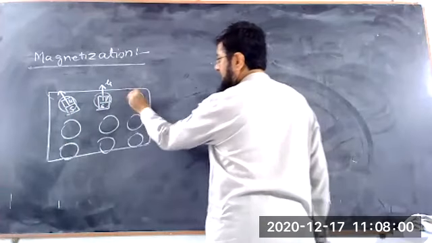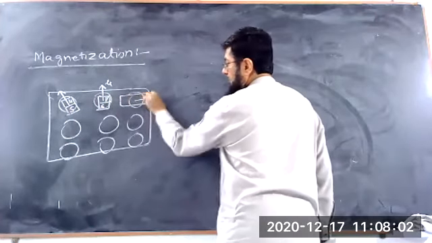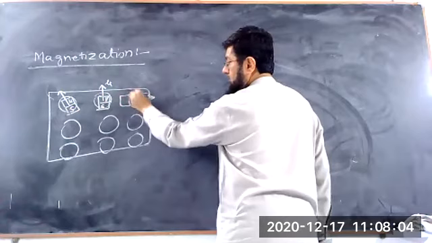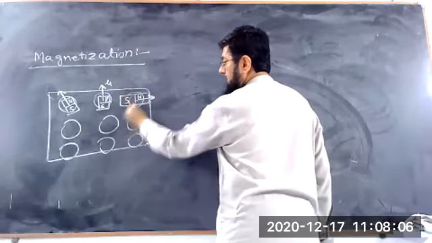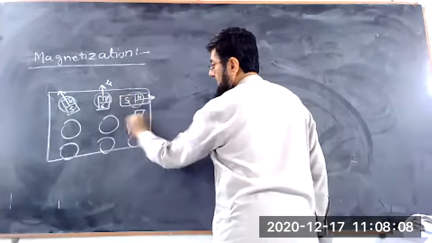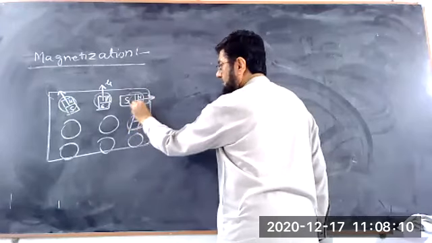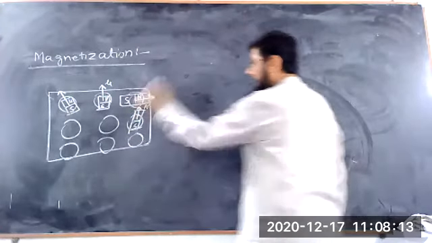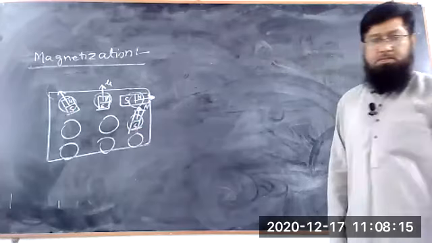Similarly, again this is a magnet whose dipole moment is in this direction. So this is the north pole, south pole. It means each atom acts as a tiny magnet.